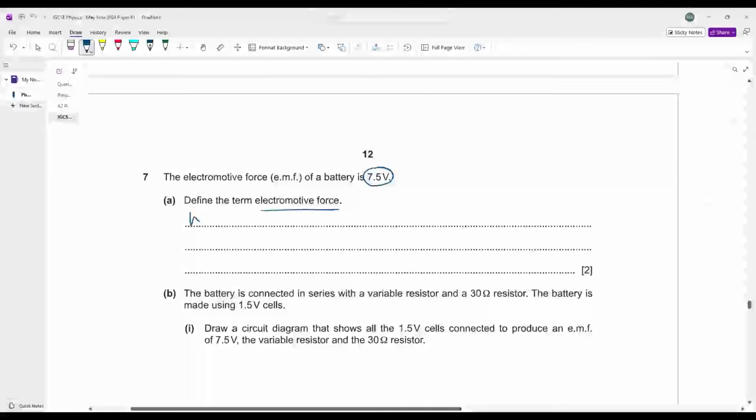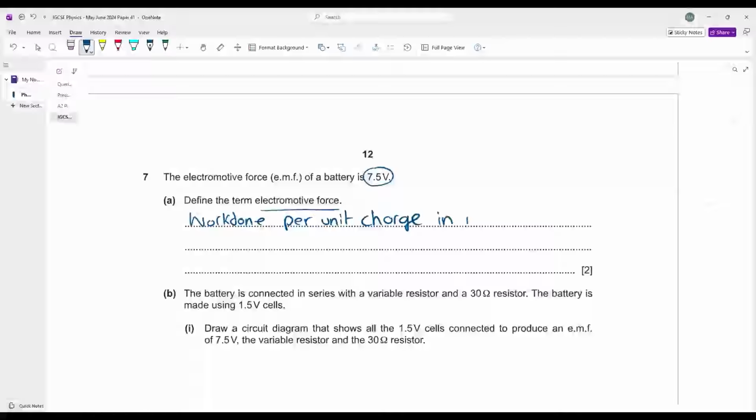You will say work done per unit charge in moving a unit charge across the complete circuit. Perfect. Let's further move ahead.